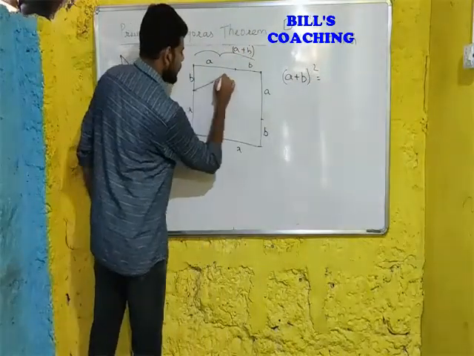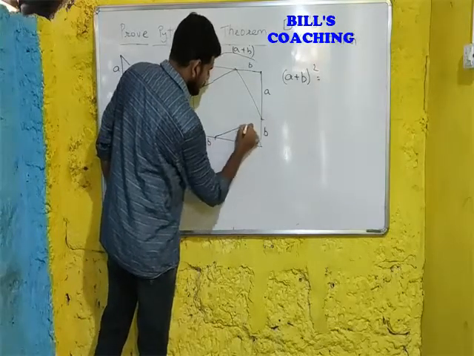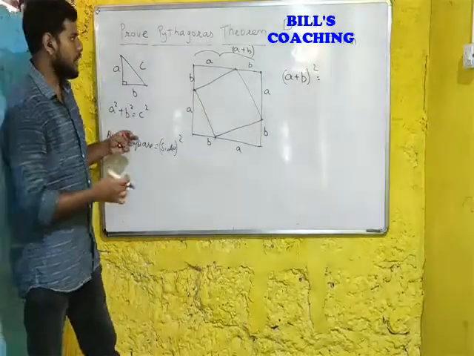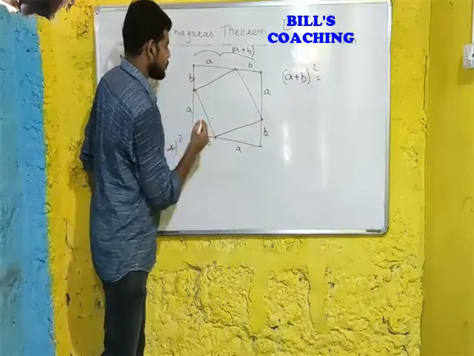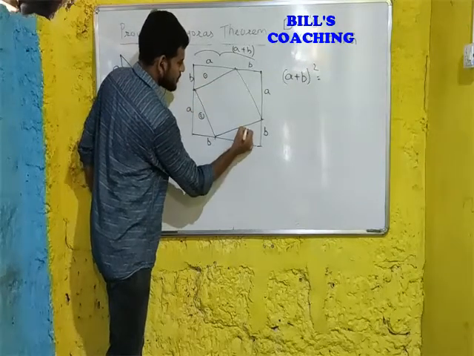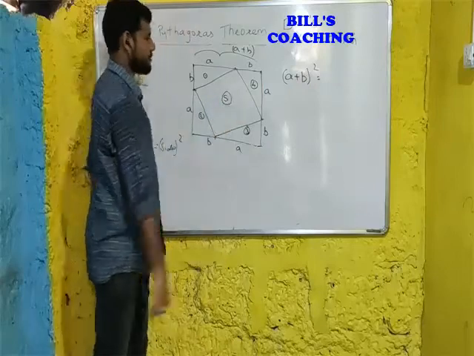Now, the second part is, I'll join all these lines now, and I've divided this square into 5 portions. This is first, this is second, this is third, this is fourth, this is fifth.